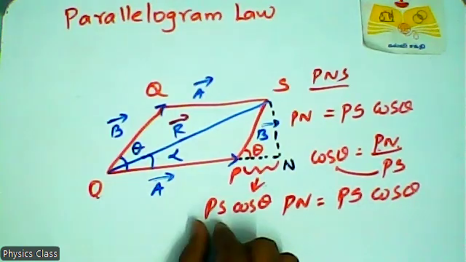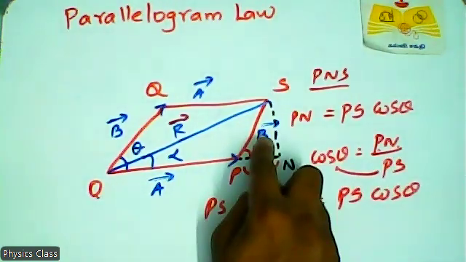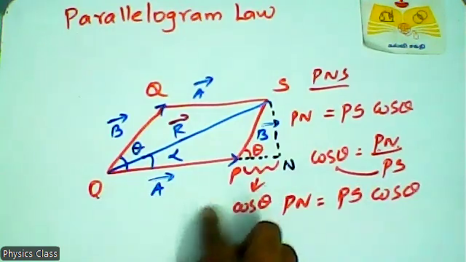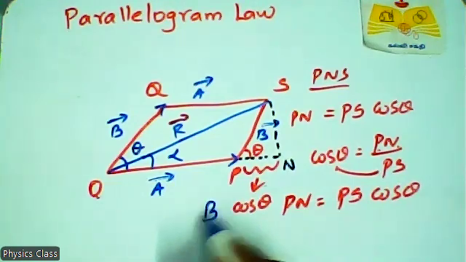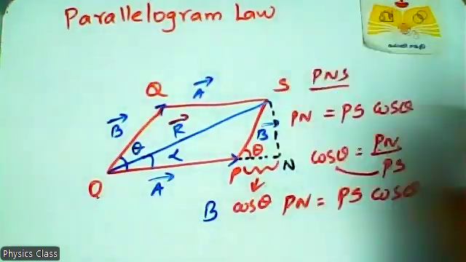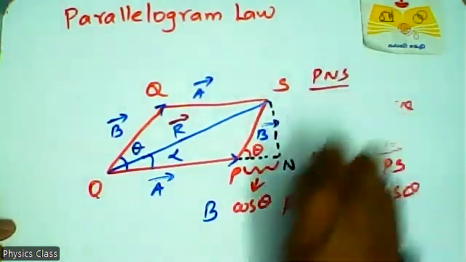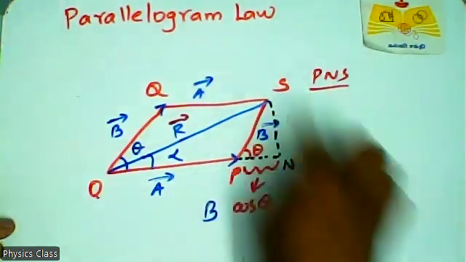PS is the value B, because the B vector has the value B. So we can replace PS with B, and PN is equal to B cos theta. For NS, take sine theta for this triangle PNS.